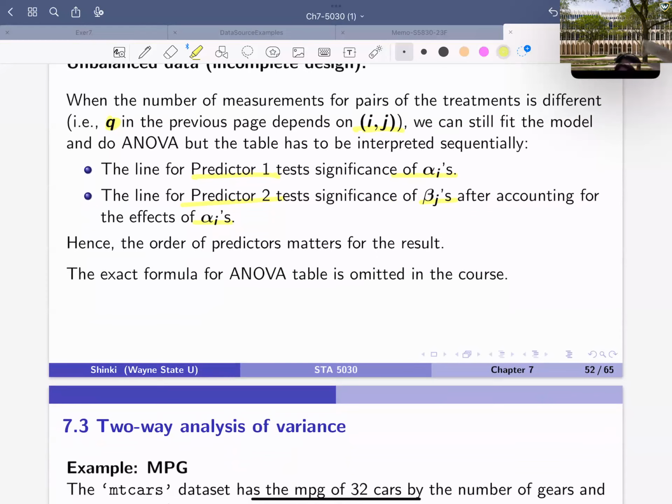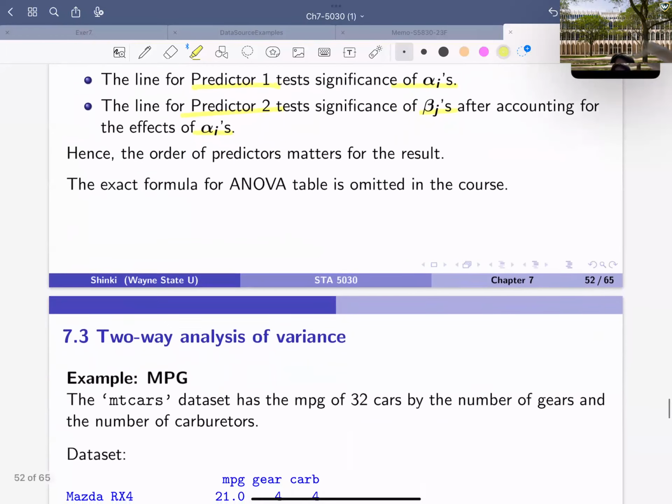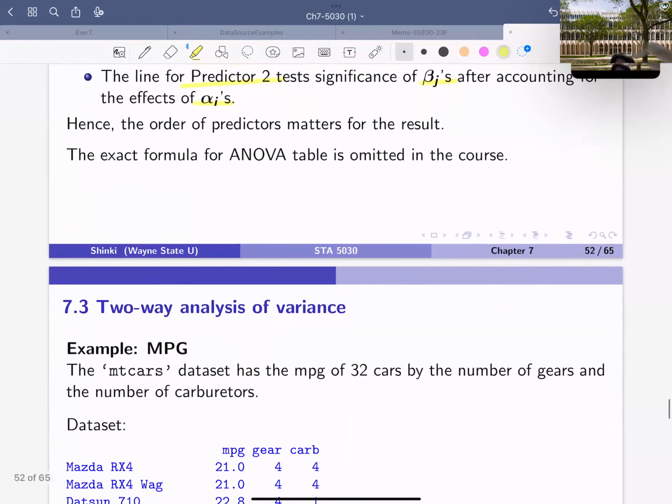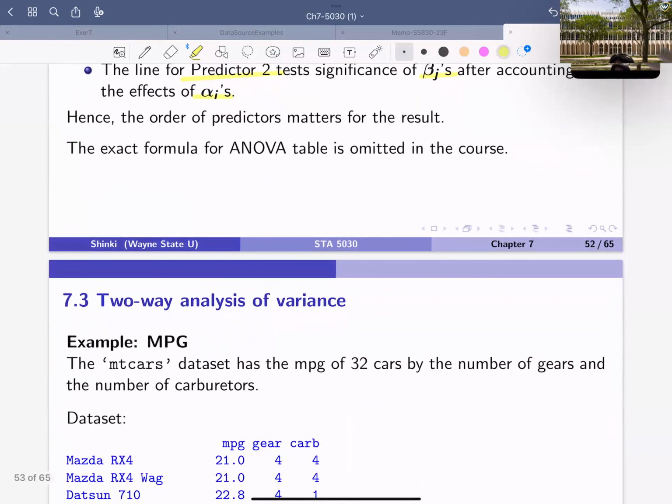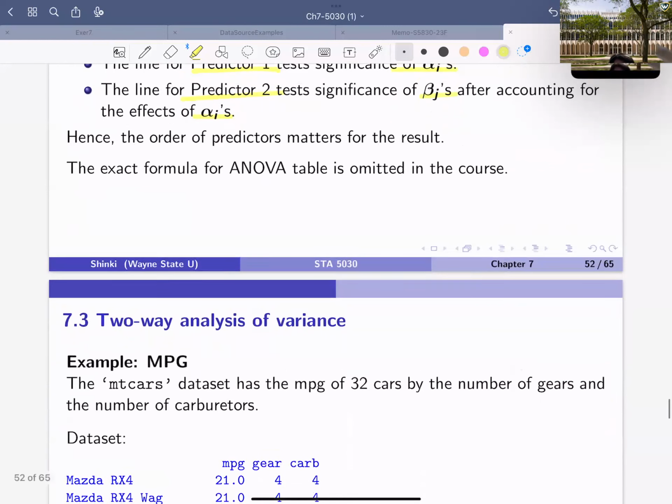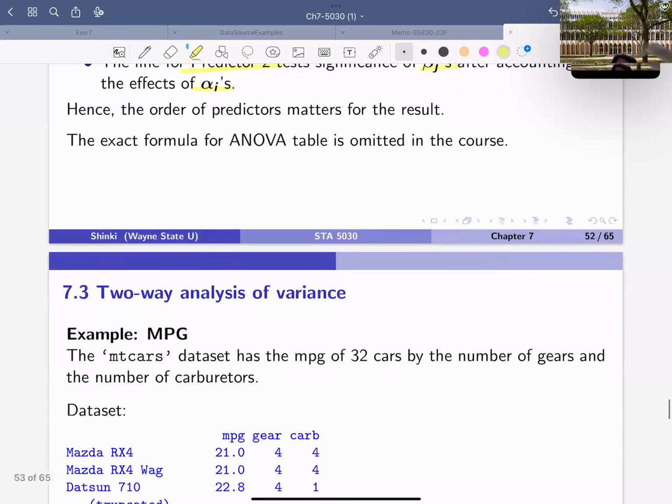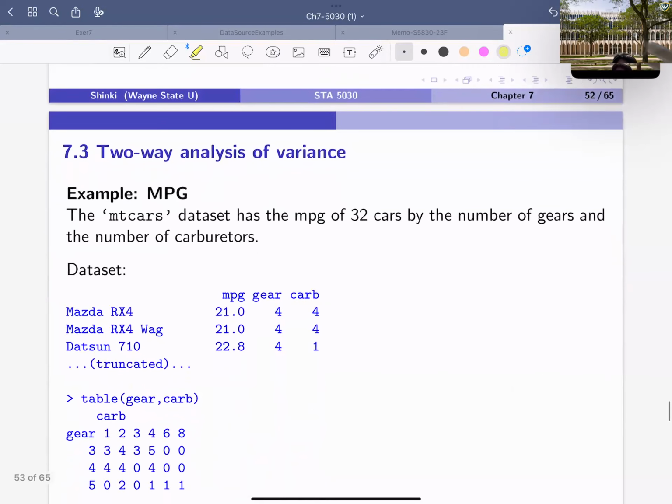That kind of test is done in the second line. And we omit the ANOVA table formula for this specific case, because anyway, we use a more generalized form. We use the linear regression form to extend this kind of table.